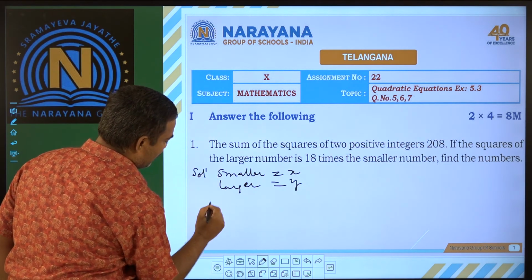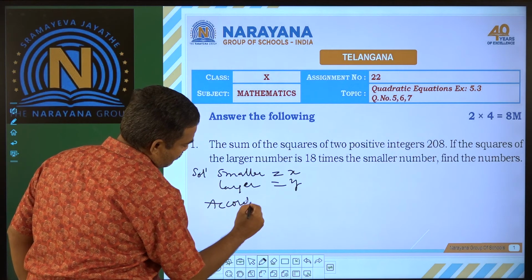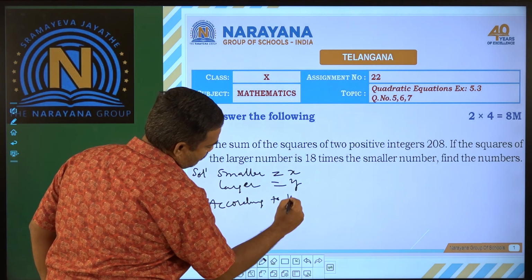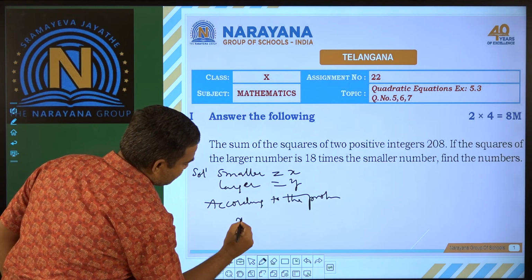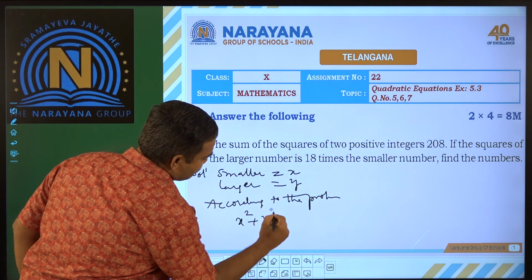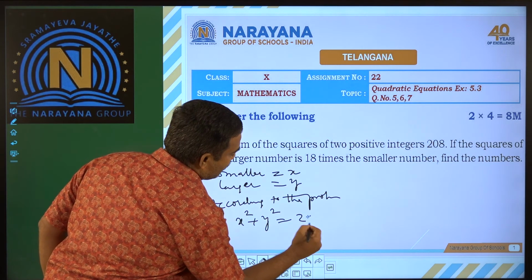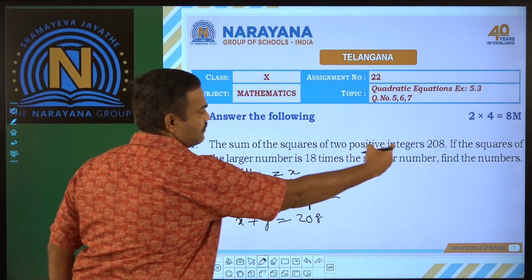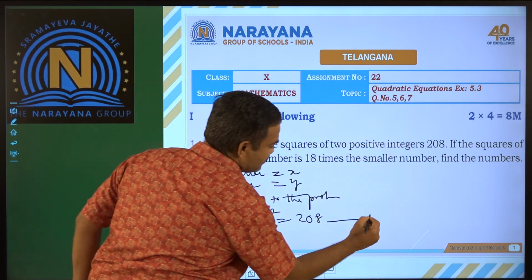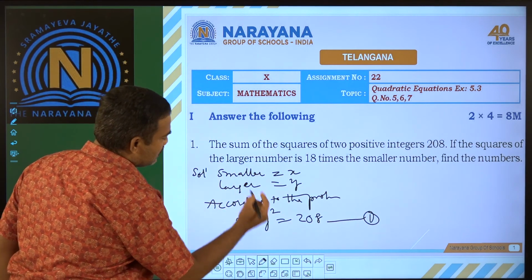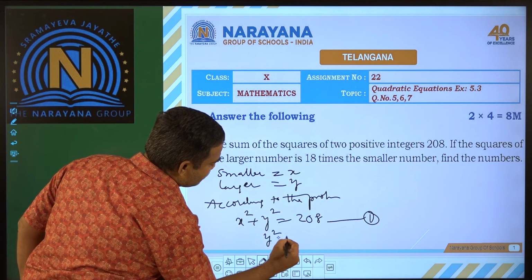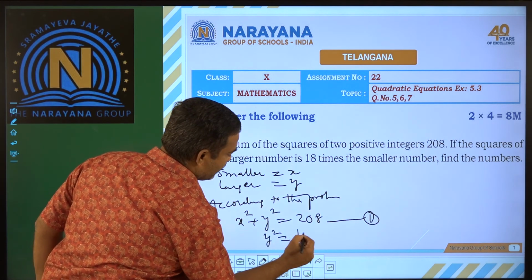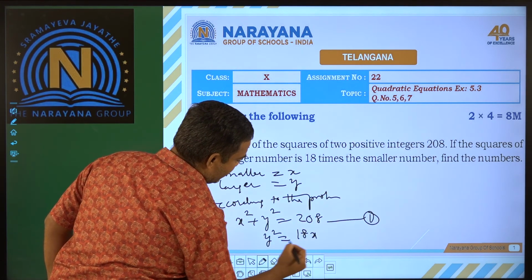So according to the problem, x square plus y square is equal to 208. The sum of squares of the numbers is 208, is given. It's equation 1. And the square of the larger one, y square, is equal to 18 times the smaller one, 18x.